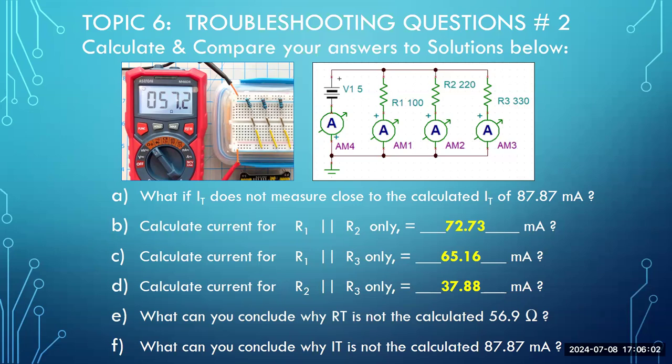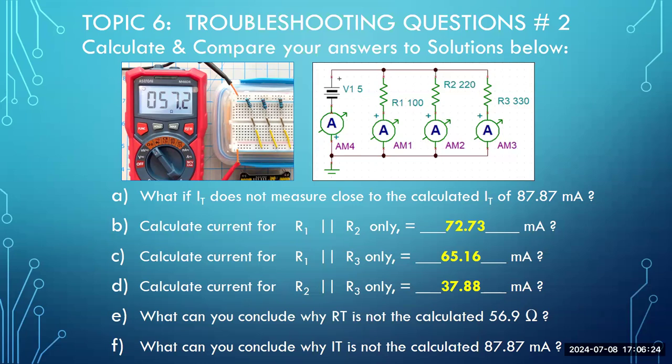And so what we're going to do, well, let's finish answering the questions. So answer for E, you've already done previously. What can you conclude if RT is not the calculated 56.9 ohms? Well, clearly, one or more of the resistors is either burnt out or misconnected.